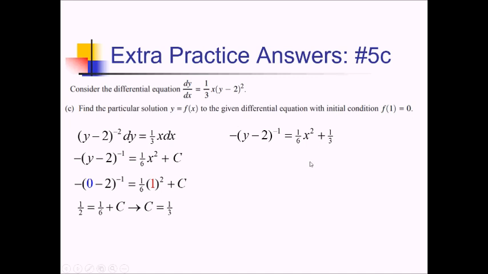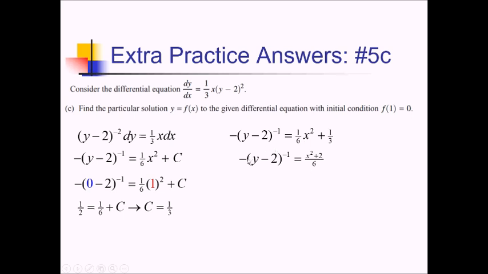Actually, before I even do that, let me turn this into one big fraction. The reason I'm going the one big fraction route is that I have this negative 1 power I'm going to have to get rid of. That means I'm going to have to take the reciprocal of both sides, which is a lot easier if you just have a single fraction on one side. So we have a common denominator of 6. This is really x squared plus 2, everything over 6.